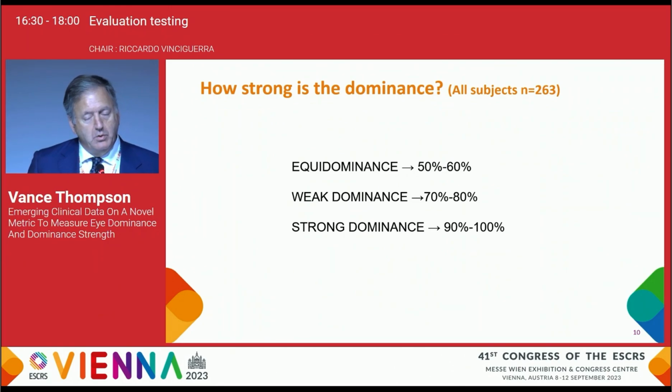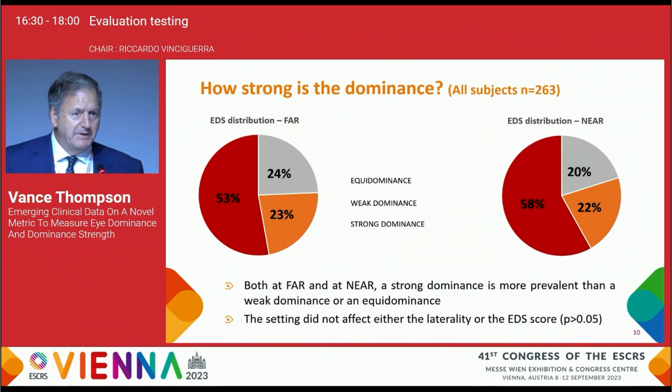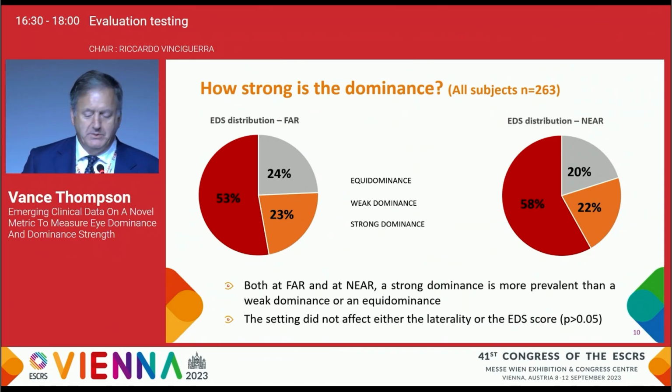And then weak dominance, which is starting to tell us that there's a more dominant eye, and we considered that 70 to 80%. And then strong dominance was when 90 to 100% of the answers were in favor of that eye. And we learned some interesting things about dominance that we've never really been able to describe before this technology.